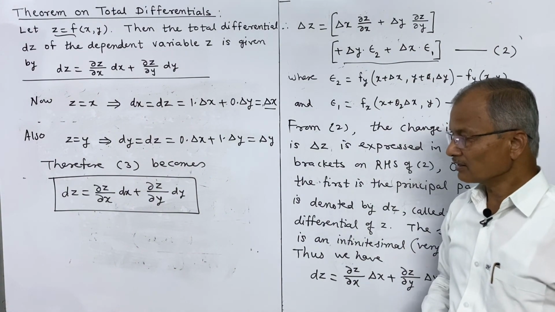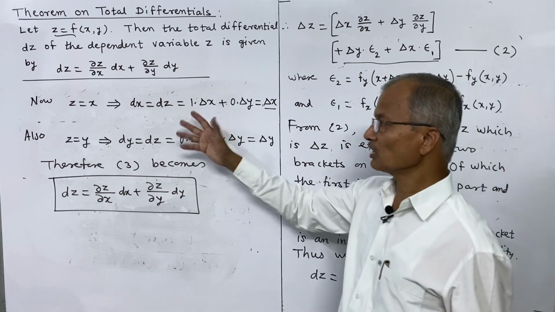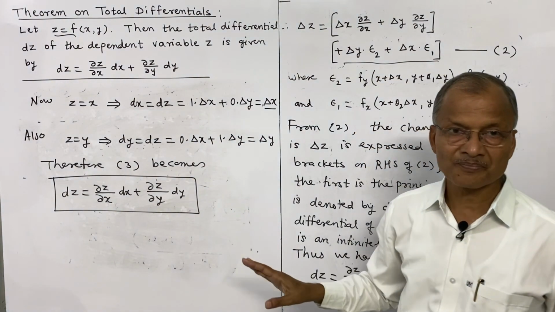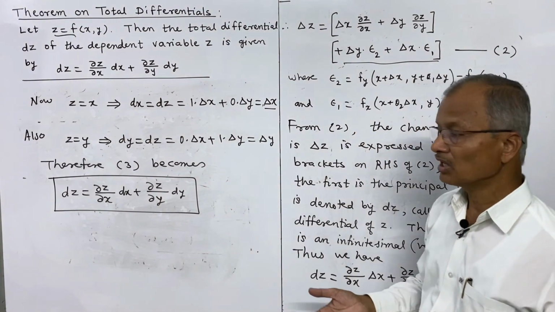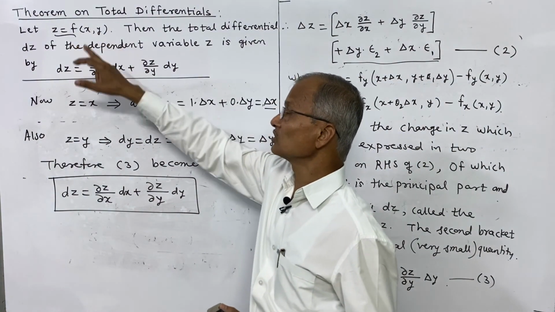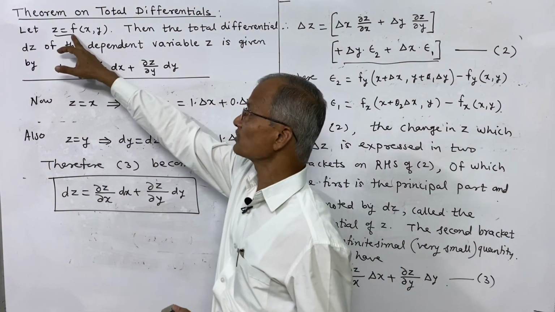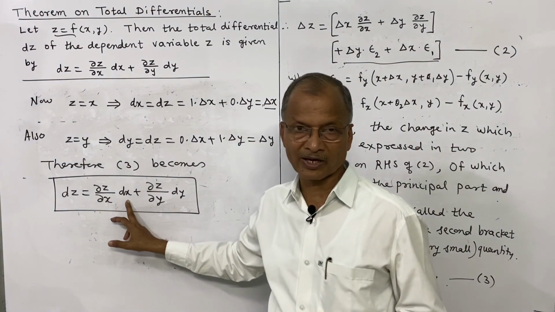So changes and differentials for independent variables are the same, but the change in the dependent variable depends on the differential of x and the differential of y. First take the partial derivative of z with respect to x multiplied by the differential of x.